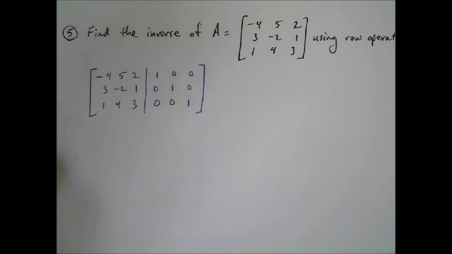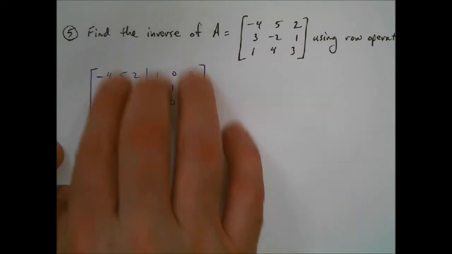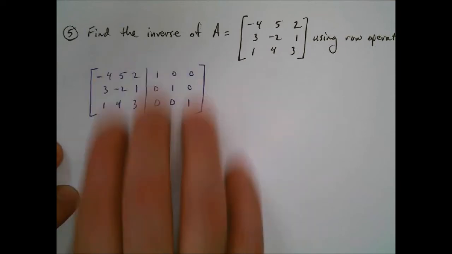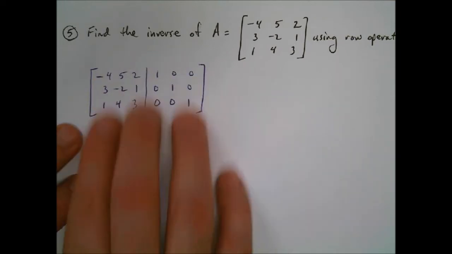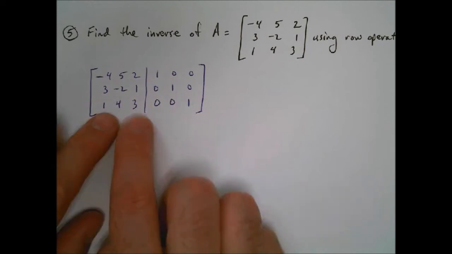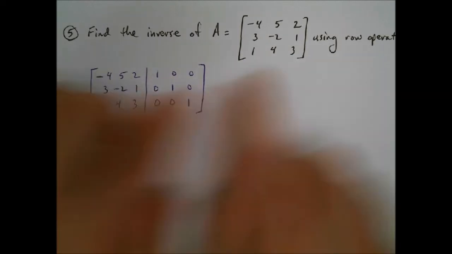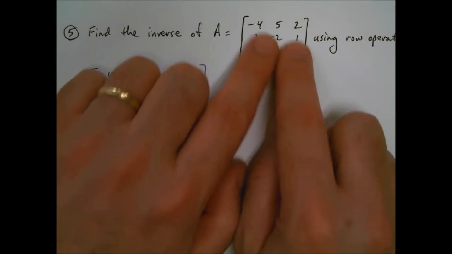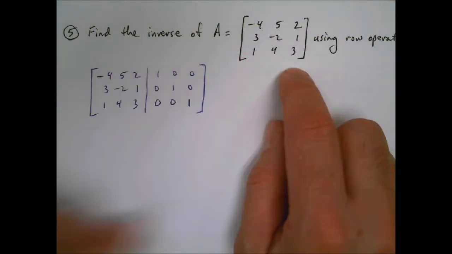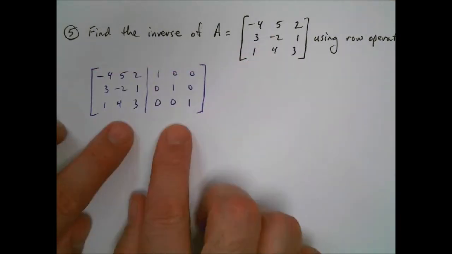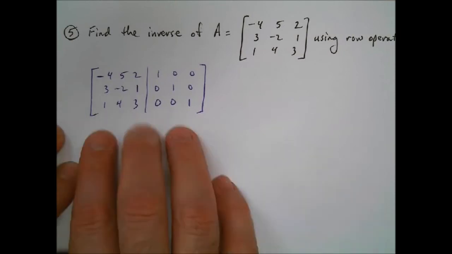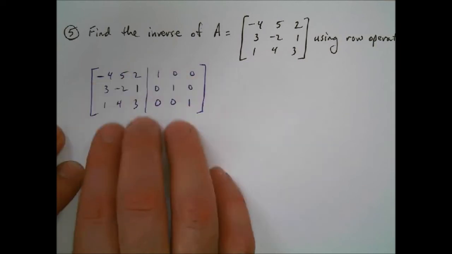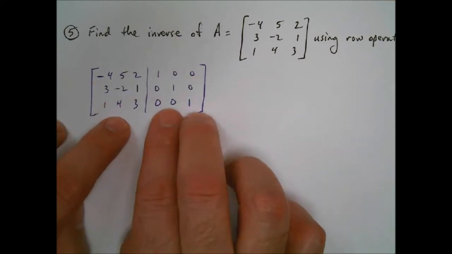It is possible for us to move rows up or down. Now, don't do that until you've actually set up the problem, because if you're going to move a row up or down, you can't move it up or down in the original matrix. But once you get it all set up with the identity matrix over here to the right side, if you move a row up or down, then the right-hand side of it has to move up or down with it.